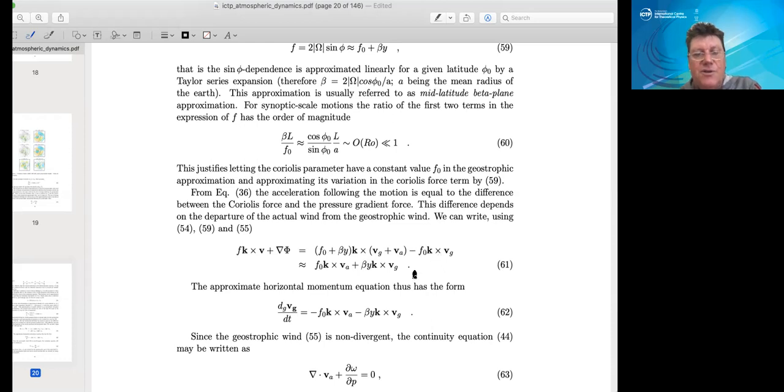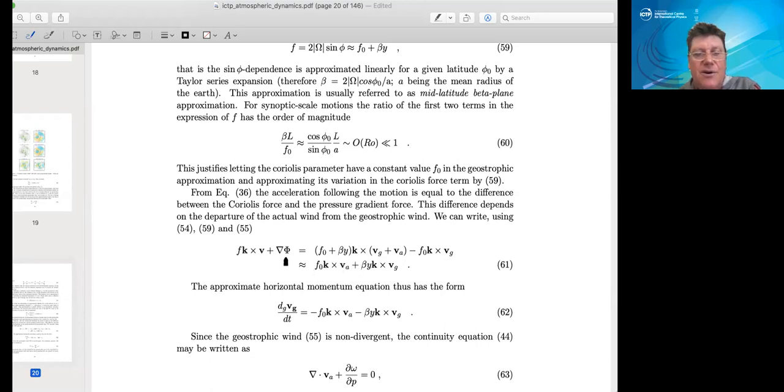And as first order terms, we have the balance between f0 and the ageostrophic wind here, plus a beta term multiplied by the geostrophic wind. And then there's a second order term here that is small, one order of magnitude smaller compared to the other terms.